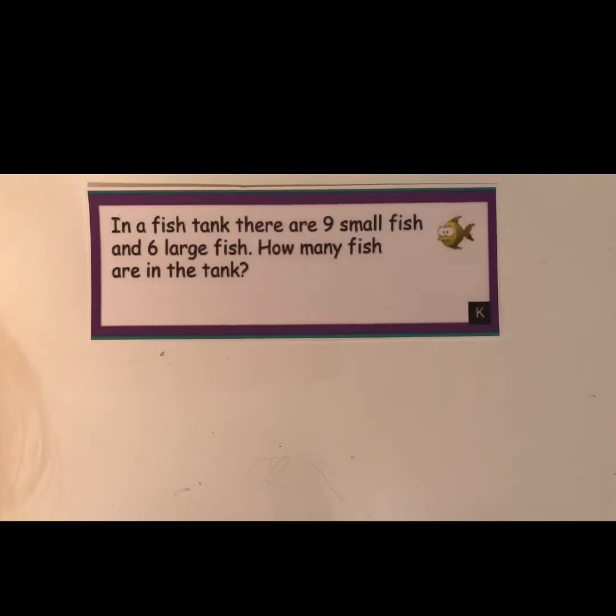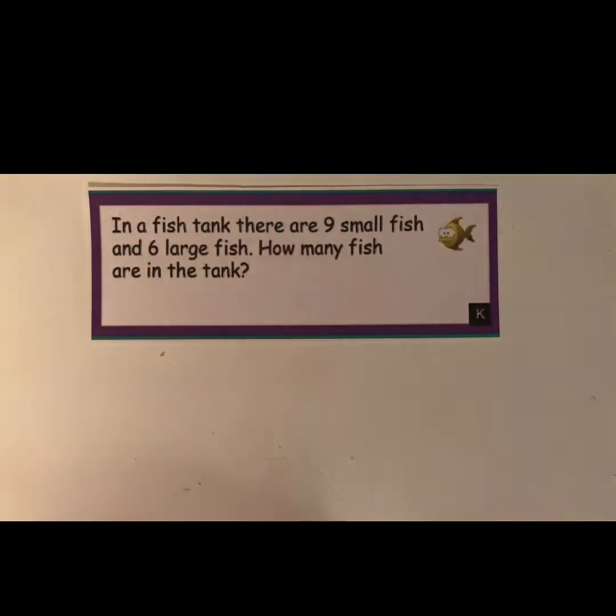Here's our first story problem. We need to read it, and we need to think about it, and be sure we understand what the question is, what it's asking us to do. In a fish tank, there are 9 small fish and 6 large fish. How many fish are in the tank?